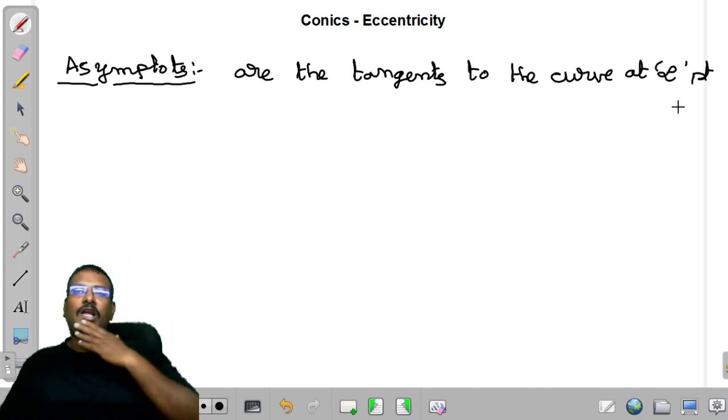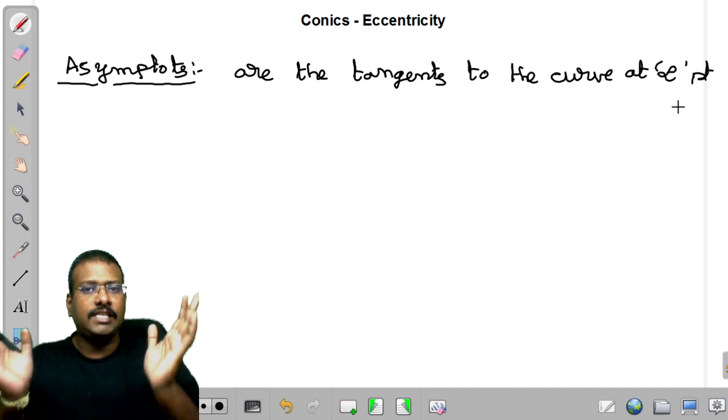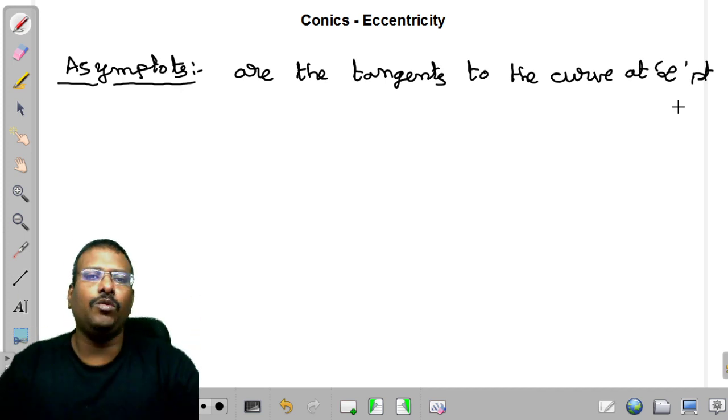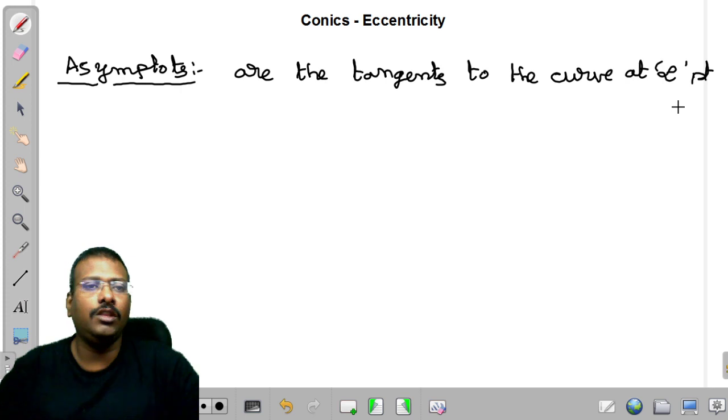These are the tangents drawn to the curve at infinity. Because a hyperbola is an open curve, it has infinite points. It can expand up to infinity. That is why the asymptotes are the tangents to the curve at an infinite point.